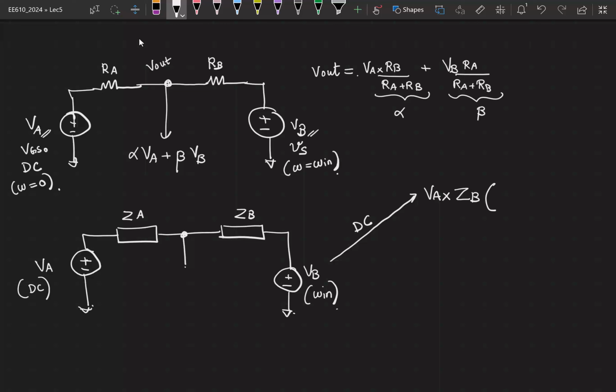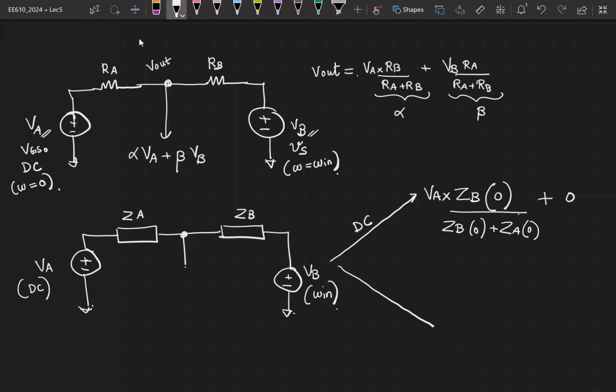This has to be evaluated for omega equal to 0, divided by ZB plus ZA. What about the contribution from our AC source? It should be 0, right? We are evaluating only for frequency components at DC, and the AC source doesn't have a component at omega equal to 0, so that simply becomes 0.